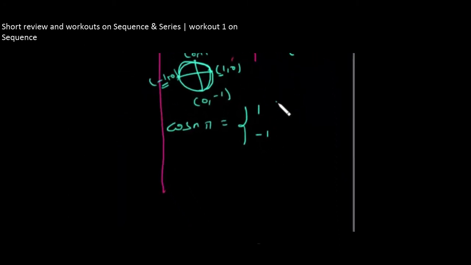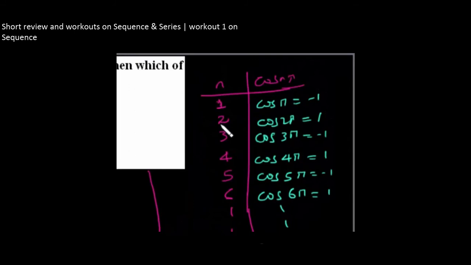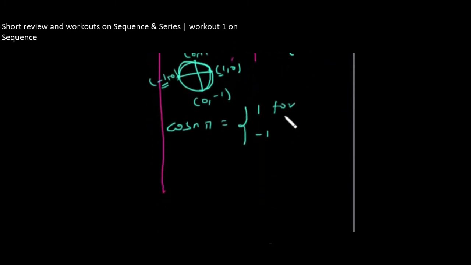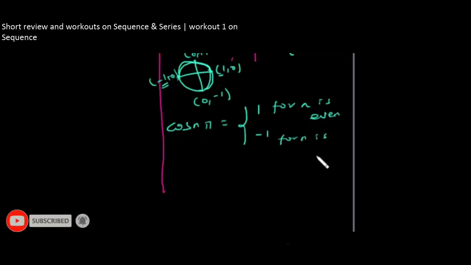And it is 1 for n is 2, it's 1 when n is 4, it's 1 when n is 6. So we can say that it is 1 for n even, and it's minus 1 for n odd.